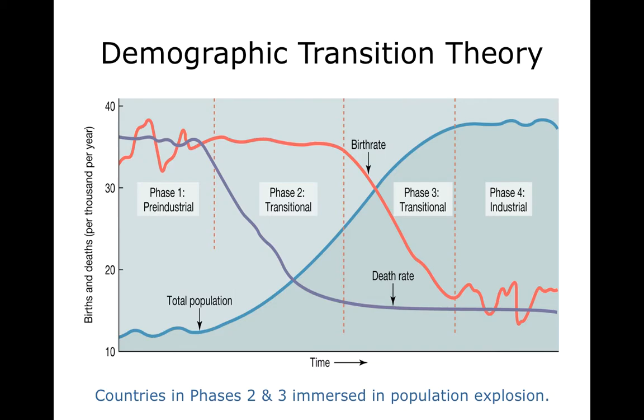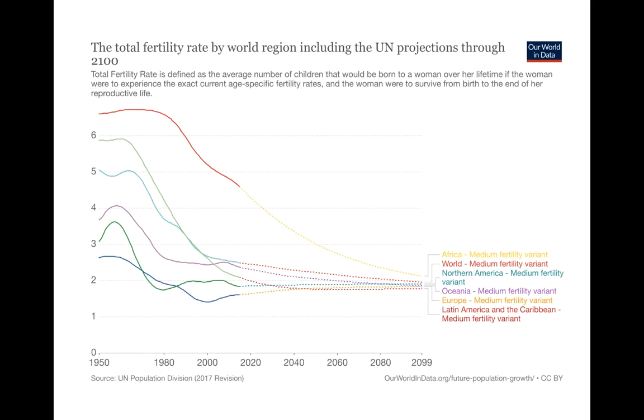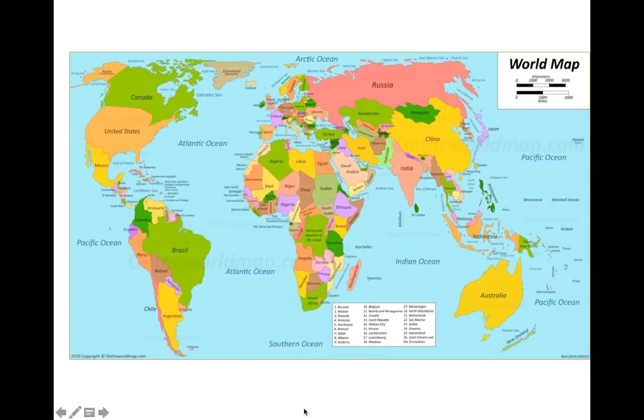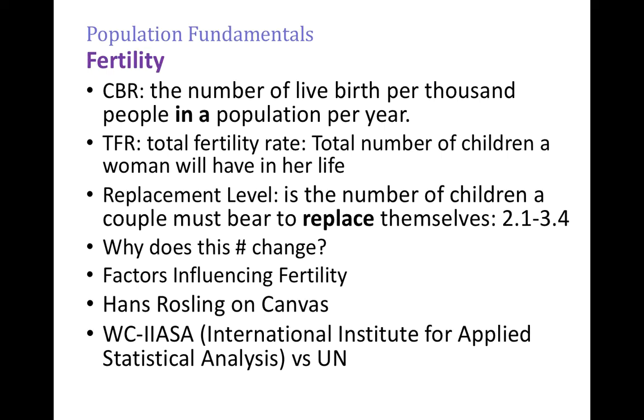so there's a big disagreement about, let's say, what's going to happen with Africa. Africa is always a good example. People tend to use Africa as an example for everything, but especially when we talk about population. And once again, the UN has a higher projected growth for Africa than the International Institute for Applied Systems Analysis.